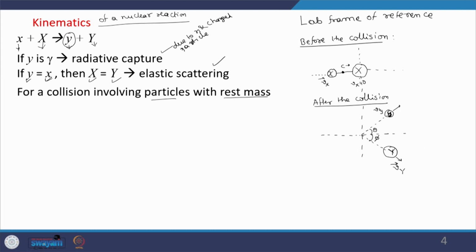And here we can denote the motion of the center of mass like this, all right.